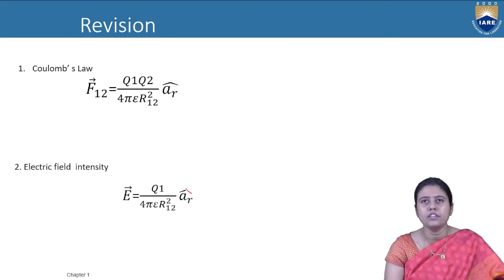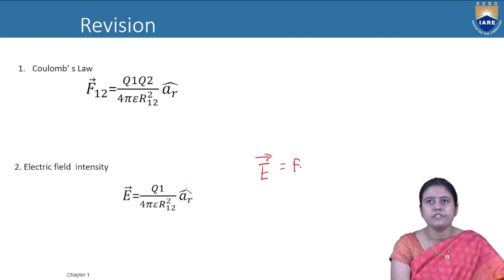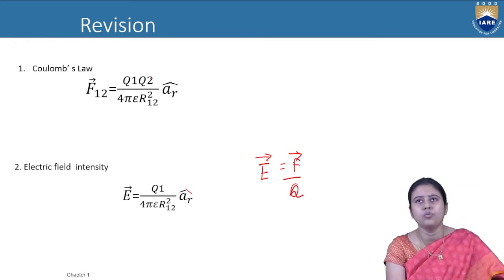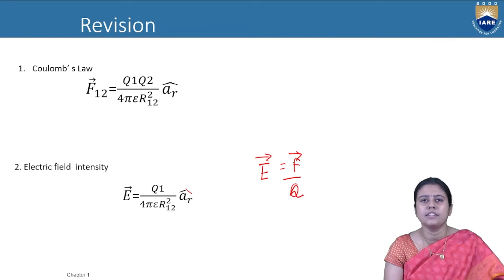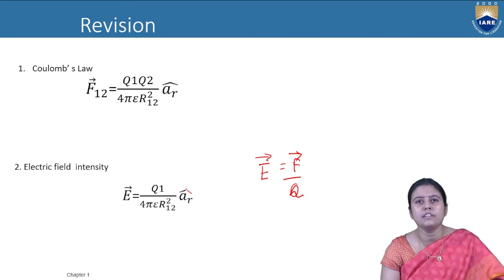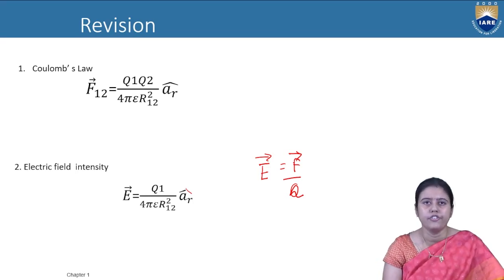If we compare these two equations, E is equal to F by Q. If we divide F12 by Q2, we get the field due to Q1. Coulomb's law is the force between two charges at some distance R12. And what is field intensity? The force required to bring one unit positive charge into an electric field. So here Q2, the second charge, is 1 coulomb.